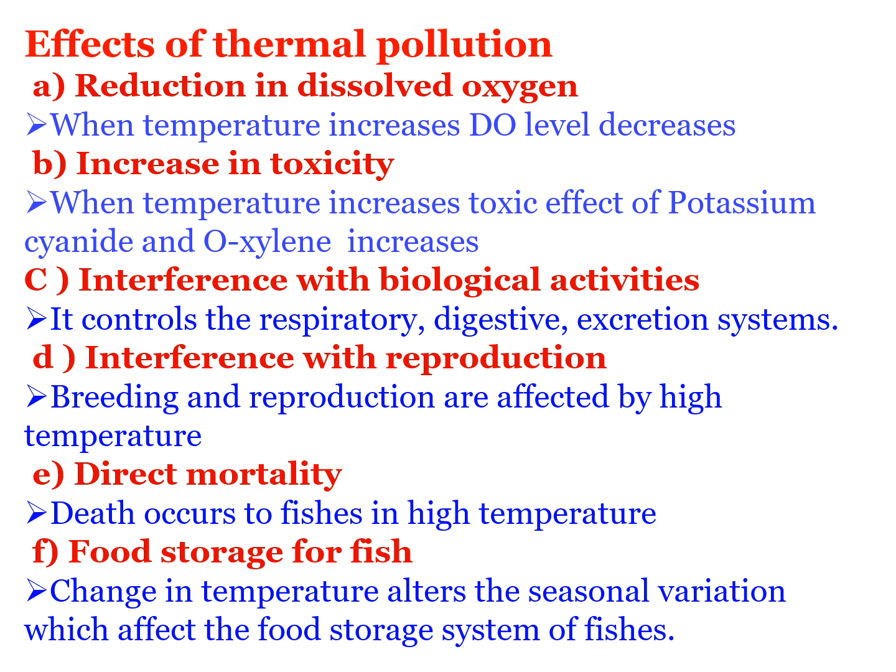And the last one is basically the food storage of fish. Finally, and this is often overlooked, thermal pollution affects the food storage systems of the fish. Changes in water temperature alter the seasonal variations that govern the food storage systems of fishes.